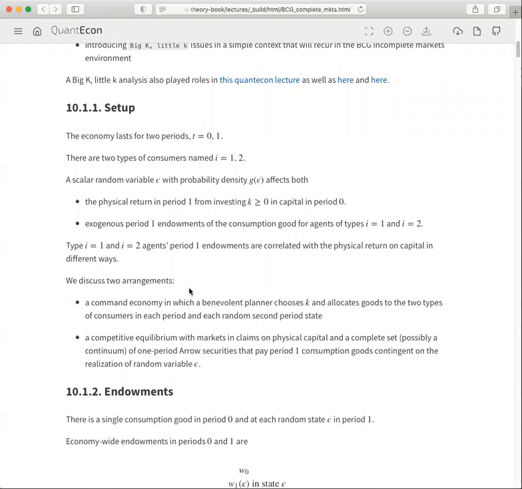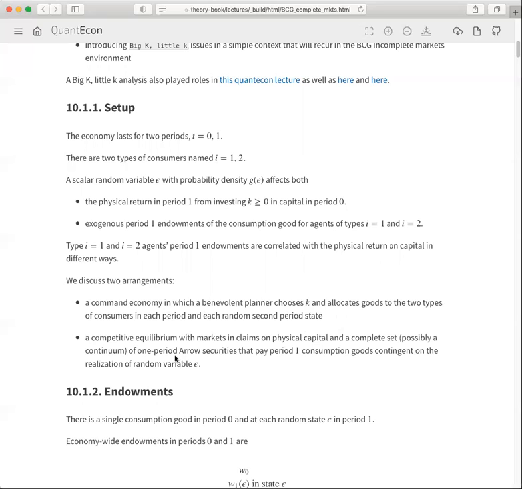We're going to discuss 2 kinds of arrangements, as usual in macro, at least when we study complete markets. There's going to be a command economy, in which a benevolent planner chooses both K physical capital and allocates goods to the 2 types of consumers in each period and each random state. That's going to be the first arrangement, and we're going to use that to compute an allocation.